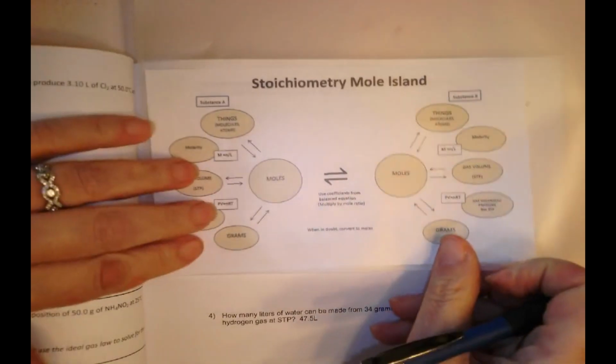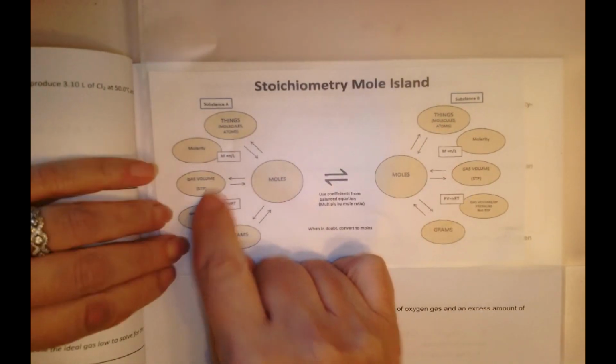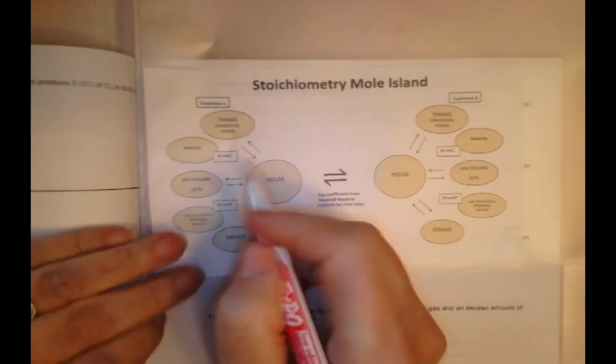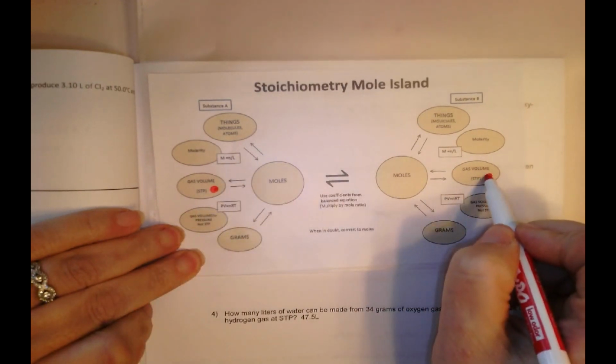And just so you can see what that looks like on our mole island, this is what I call mole island plus. I have my gas volume, and then I also have my gas volume not at STP. But we're starting at gas volume at STP, and we're going to a different gas at STP.